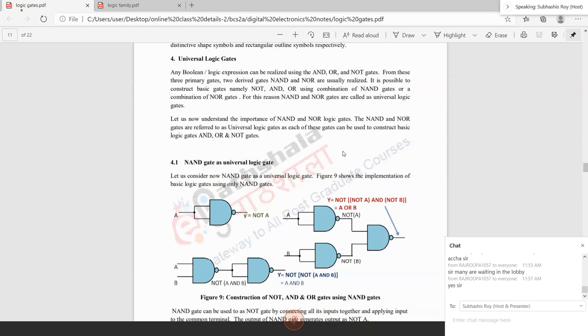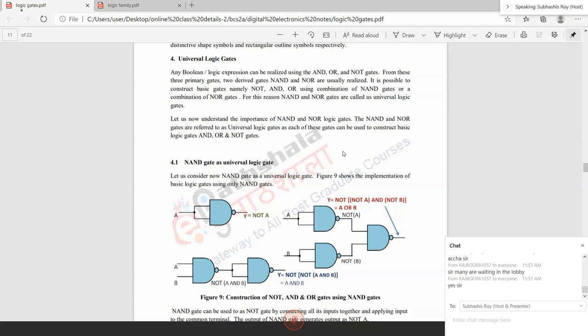Now think, if you are designing the same system, but all n elements are the same, then that will be a very good condition for designing that system. That is the reason why universal gates come into this scenario.